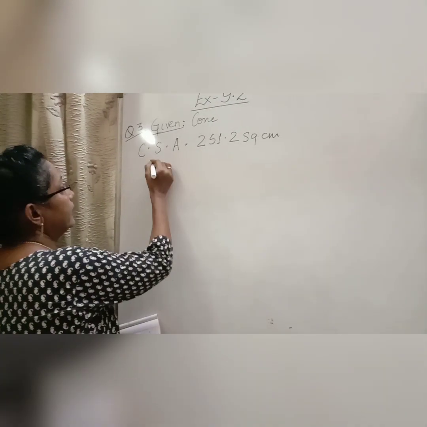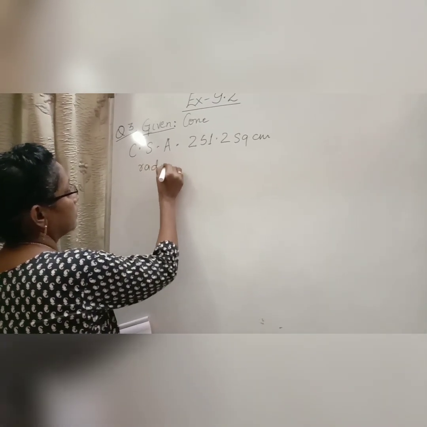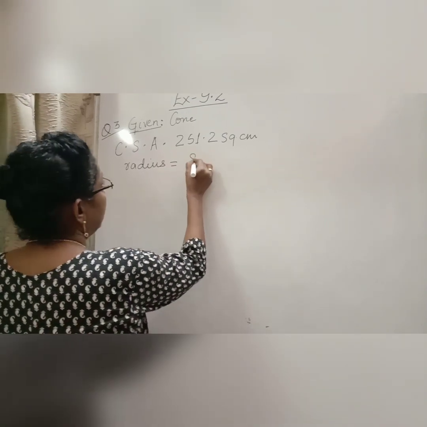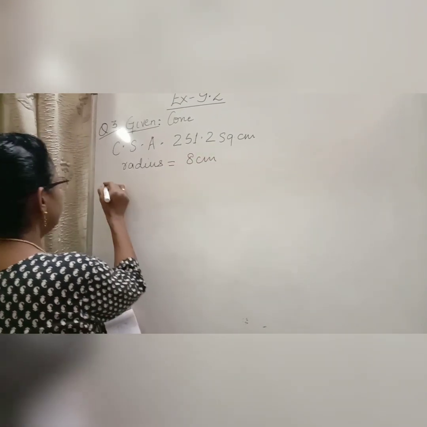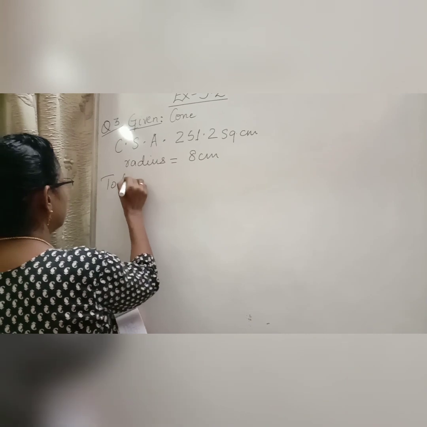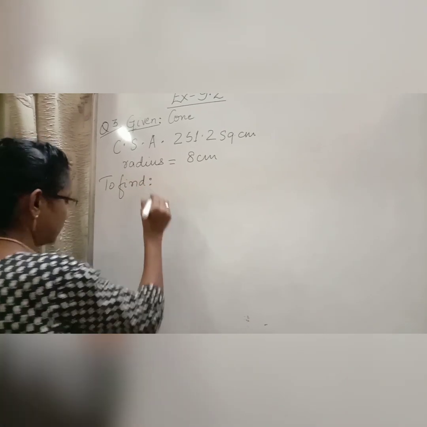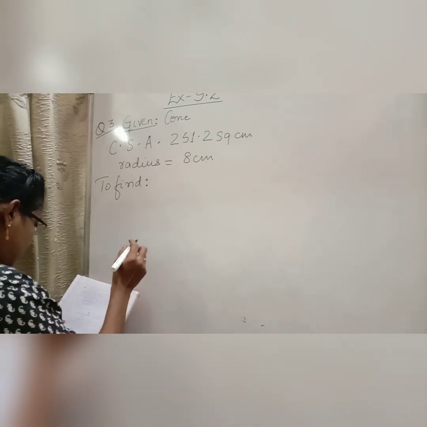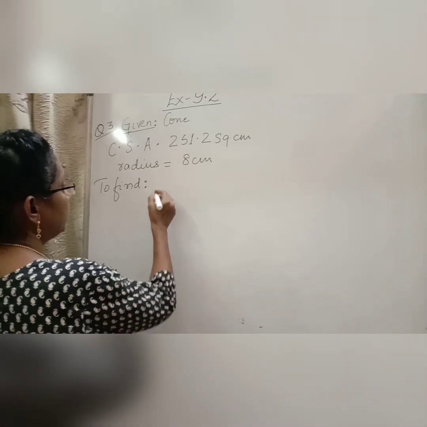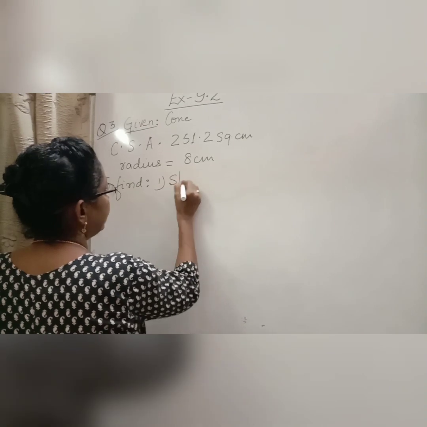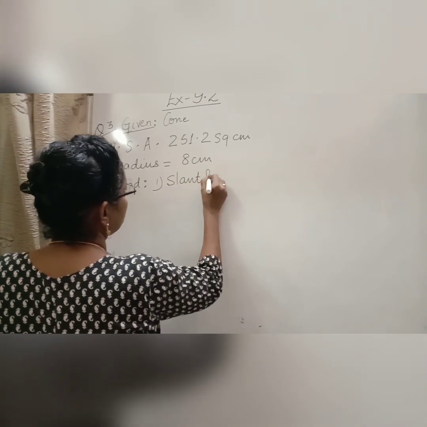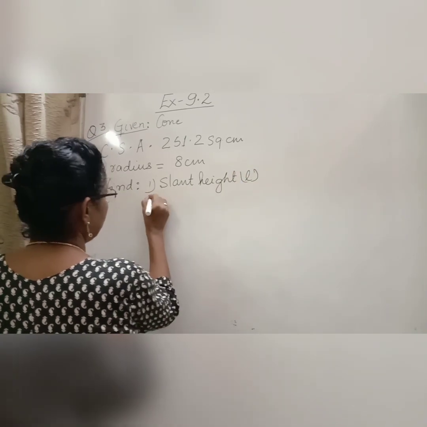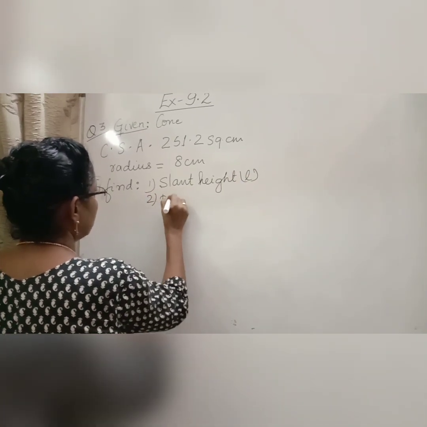Then radius is given as 8 centimeter. We have to find slant height L and perpendicular height.